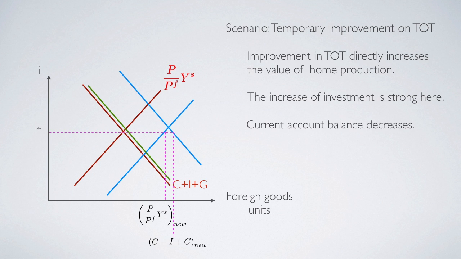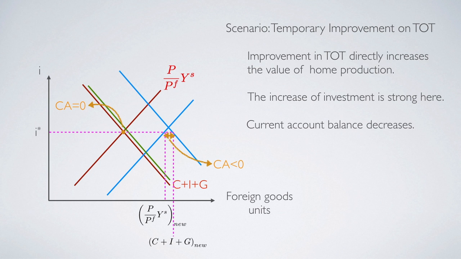Therefore, we can see that originally we had a current account balance equal to 0. But now, because the improvement of the terms of trade increases investment so much, home expenditure exceeds home production.